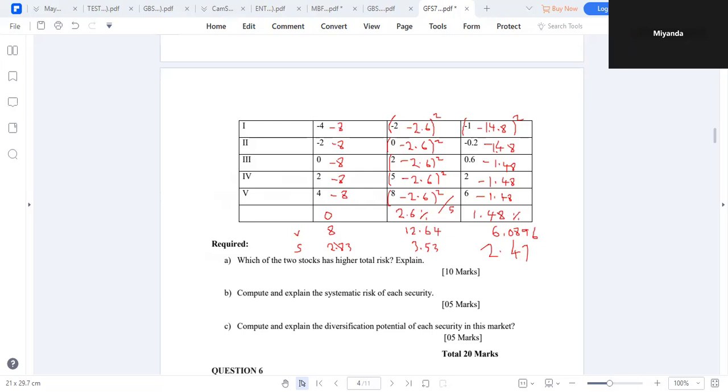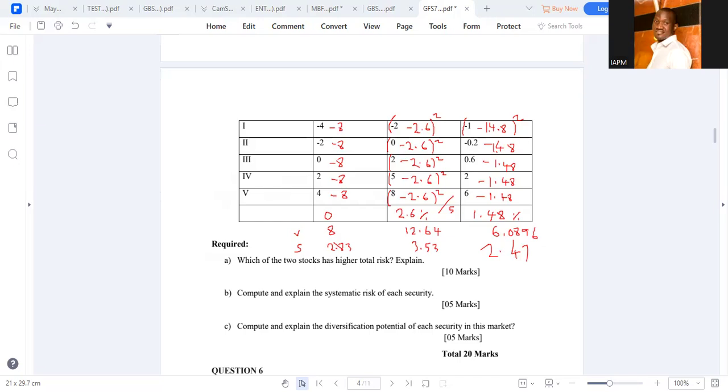And what was the market variance? What was the variance of the market? For the first one, it was 8, right?